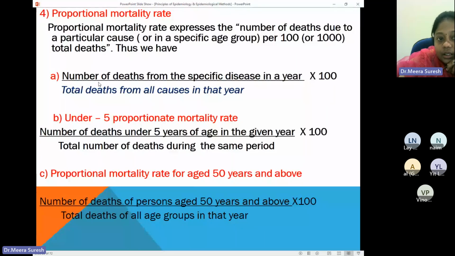Thus we have the proportional mortality rate: number of deaths from the specific disease in a year, and this disease can be even tuberculosis or HIV, divided by total deaths from all causes in that year, and the multiplier can be 100, it can be even 1000.